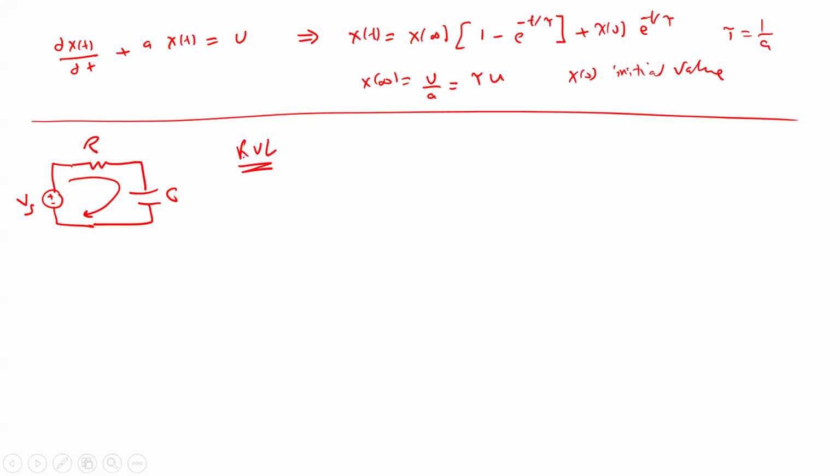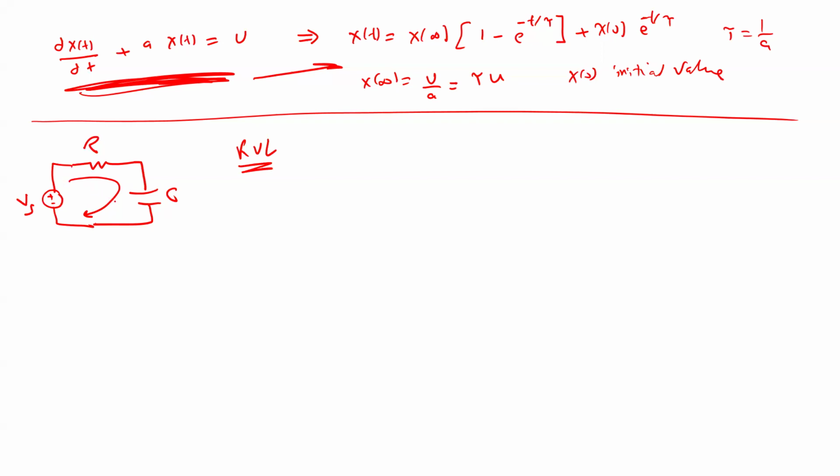The main idea is I need to get an equation similar to this equation because I already know its solution. I want to find an equation similar to this one so that I can use it to solve.